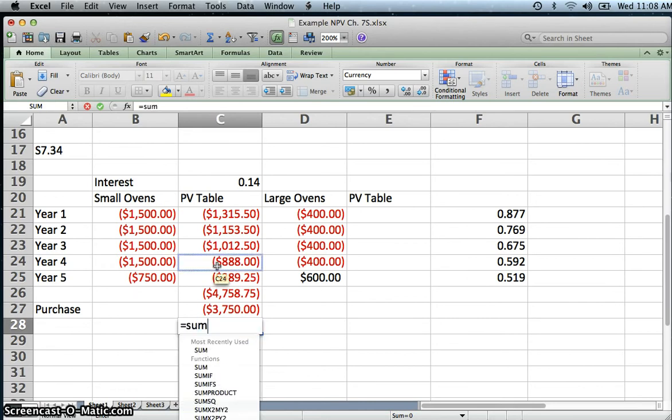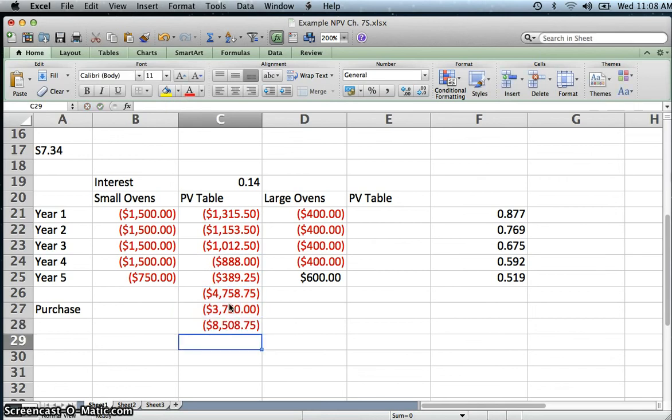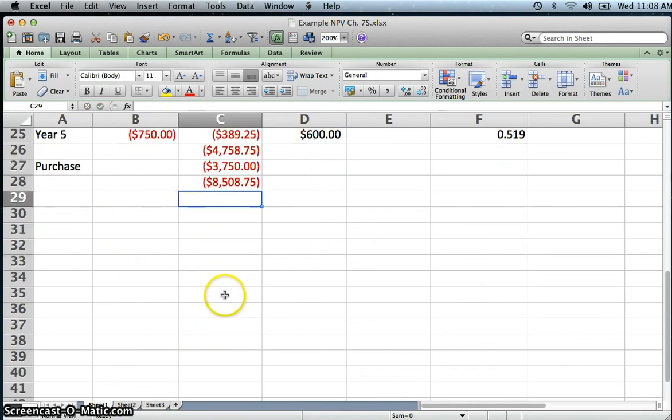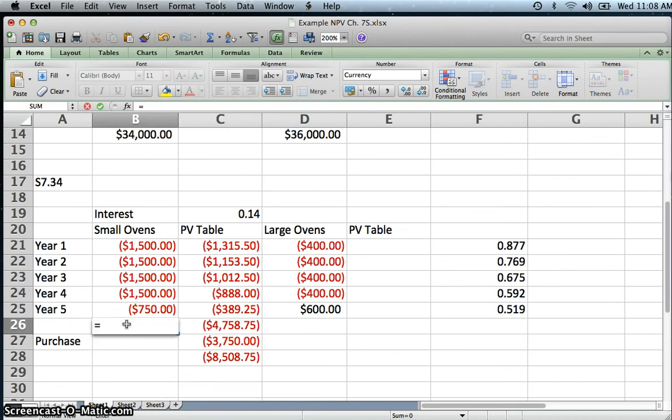So once again, this is adding these two together. And that would say that the net present value or the cost of this is $8,508.75.